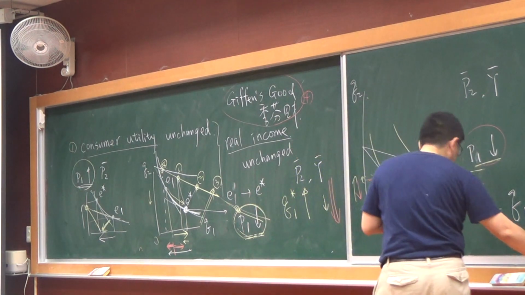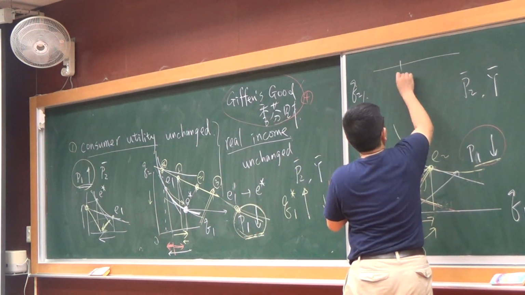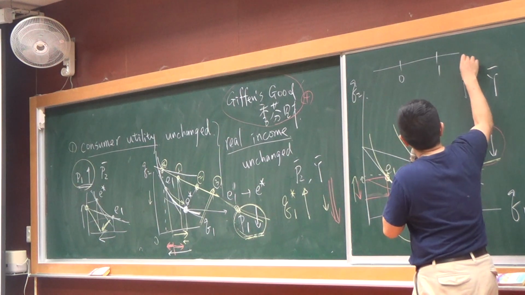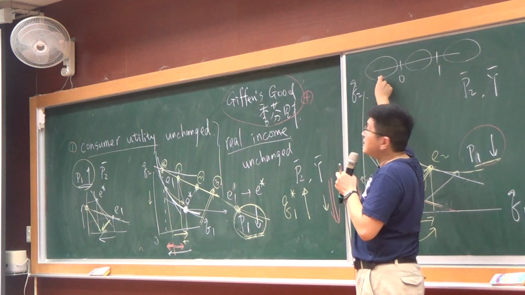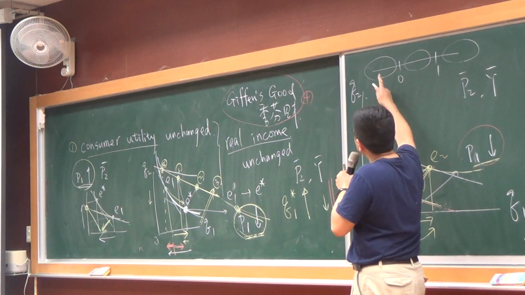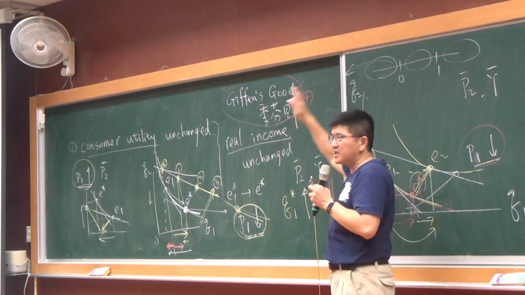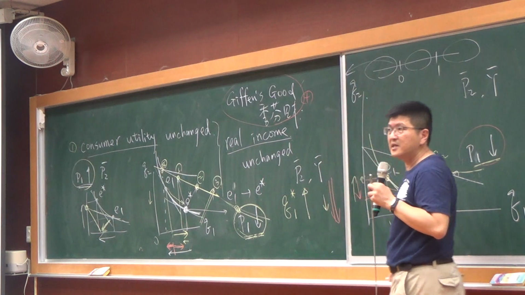So, do you remember I gave you something, 0, 1. The income elasticity is a luxury, necessary, inferior, right? So when your inferior good is inferior enough, is very, very extremely inferior, then it can be a Giffen good.